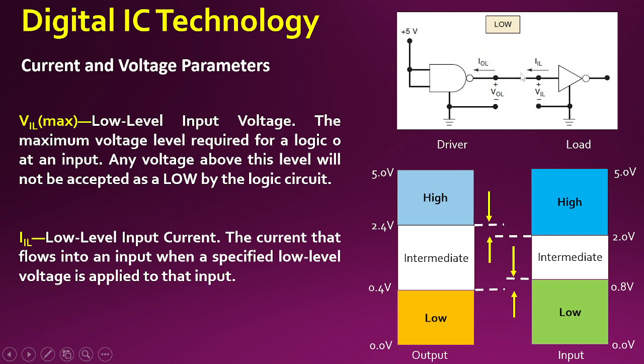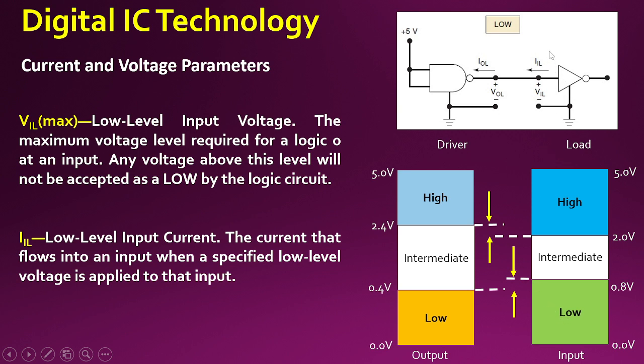In this case, the current will leave the load and enter into the driver. Now, the voltage that appears here is called VIL. In this case, we will consider the maximum voltage. Now, why the maximum voltage? Let us try to understand.